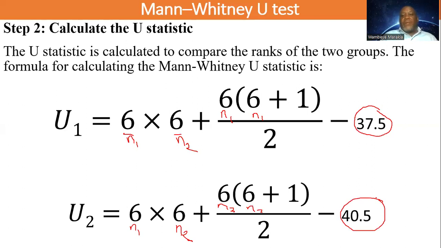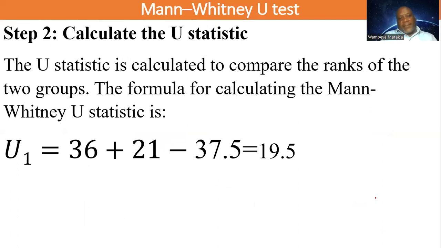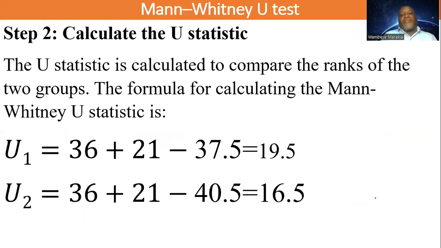Then when you have worked out everything, this is what you'll get. 36 plus 21 minus 37.5 gives you 19.5. And the other one, 36 plus 21 minus 40.5, will give you 16.5.